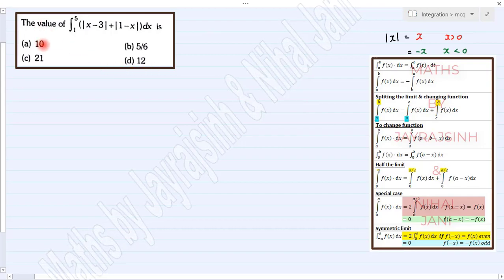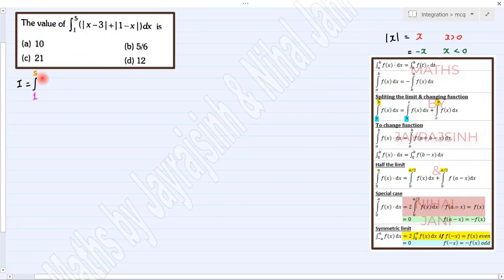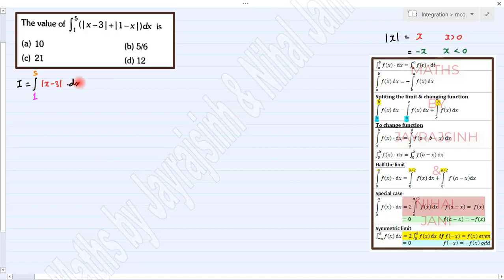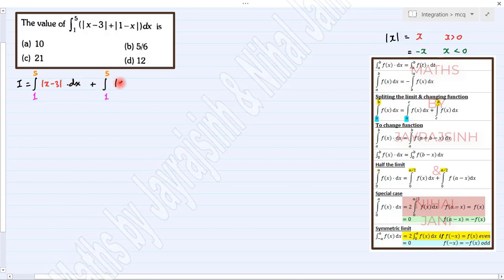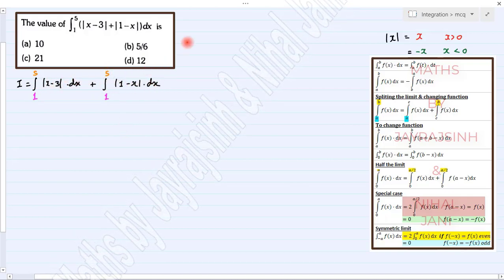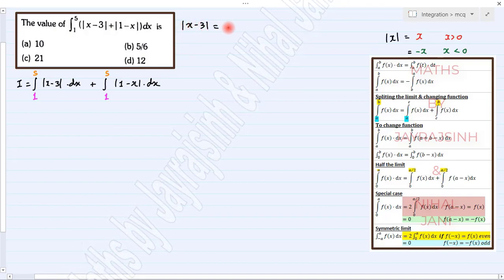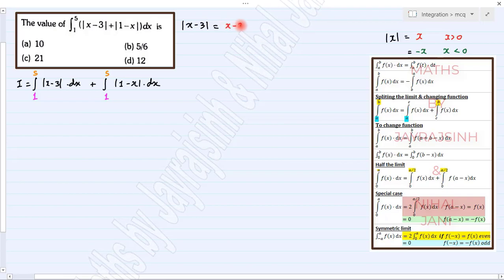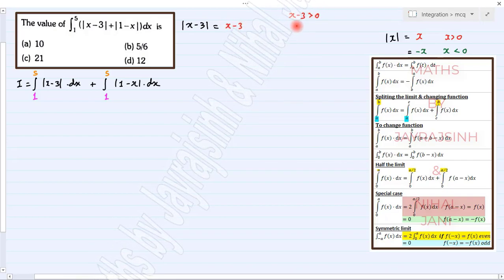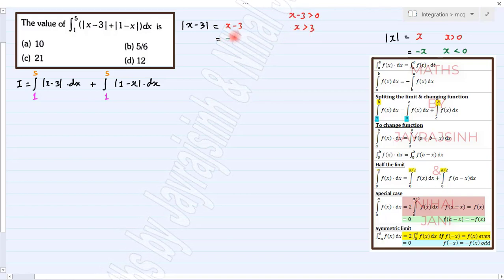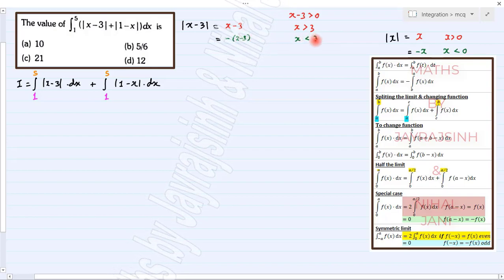In this question, we have to find the integration of mod x minus 3 from 1 to 5 and mod 1 minus x from 1 to 5. If we talk about our first function, which is mod x minus 3, we can say it will be x minus 3 when x minus 3 is greater than 0, or we can say x is greater than 3, and it will be minus of x minus 3 when x is less than 3.